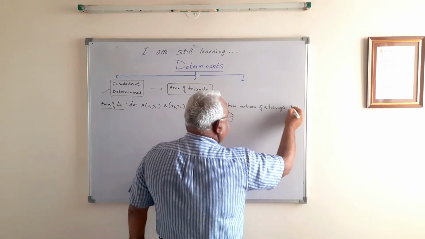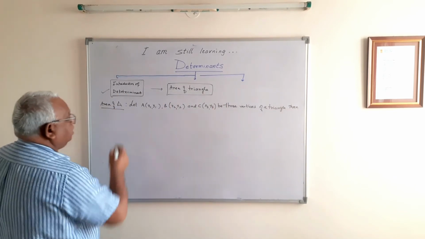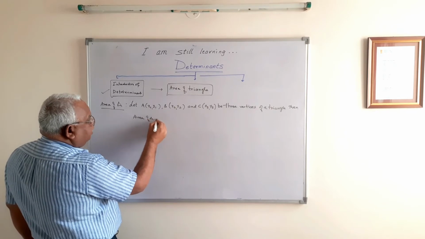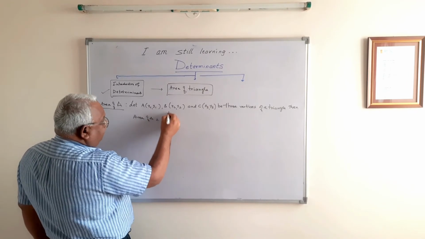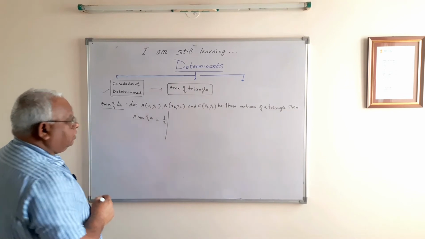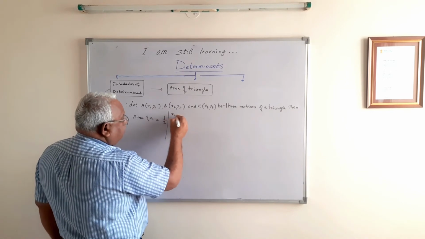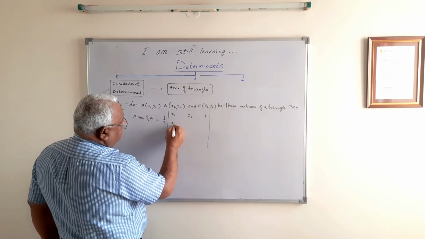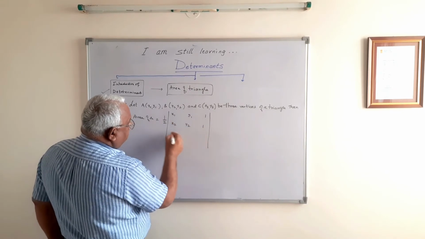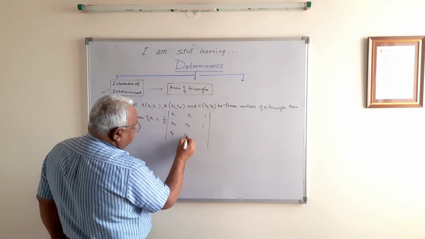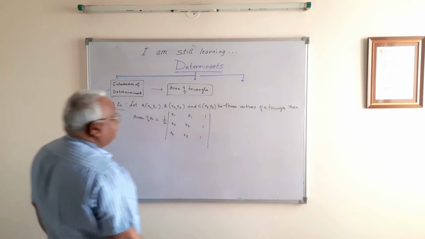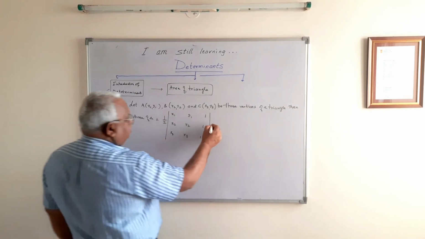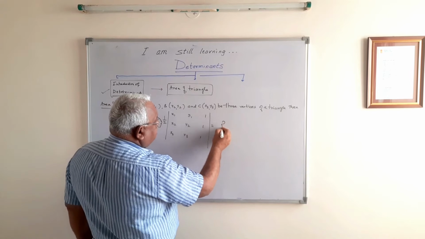Then area of triangle is half times the determinant with rows x1 y1 1, and so on. You know how to expand this determinant. Expand the determinant, you will get the value, right?